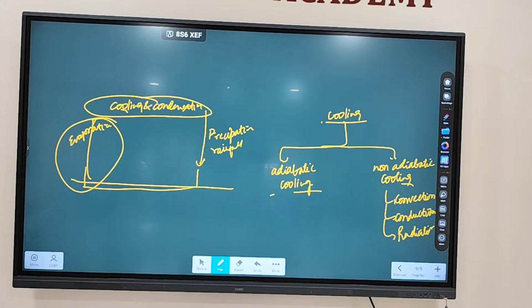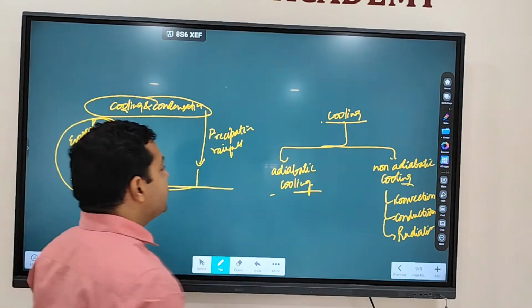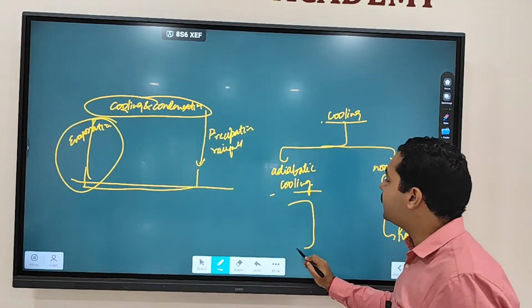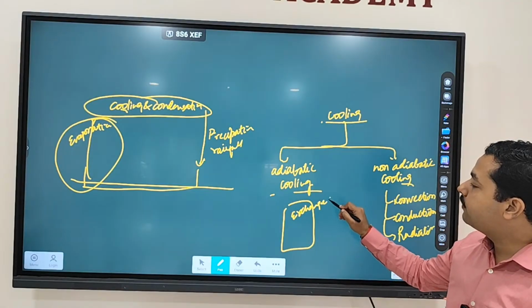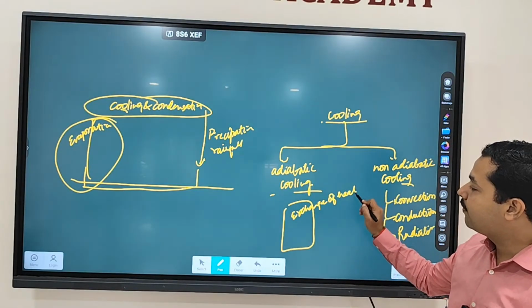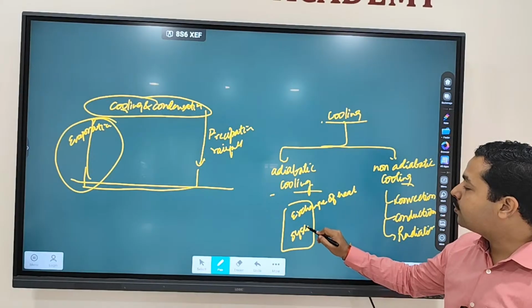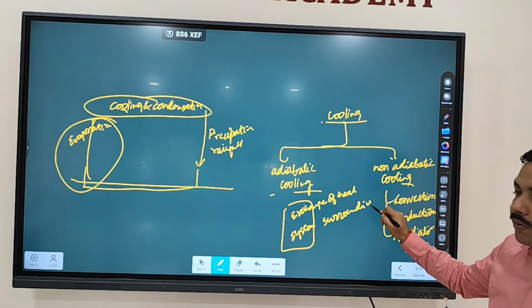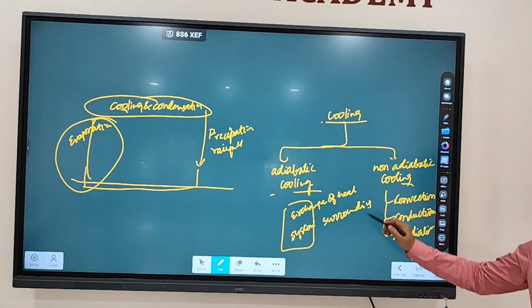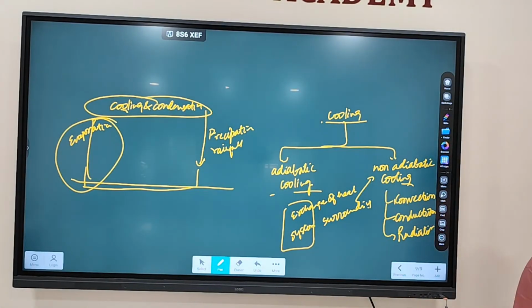What is adiabatic? Remember, we discussed when there is an exchange of heat happening between the system and surrounding, such type of cooling is called non-adiabatic cooling.